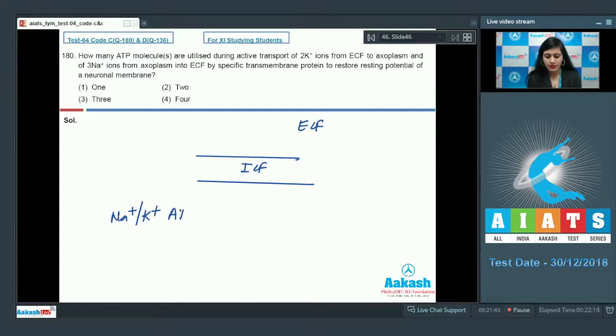potassium ATPase, which is an electrogenic transmembrane pump.